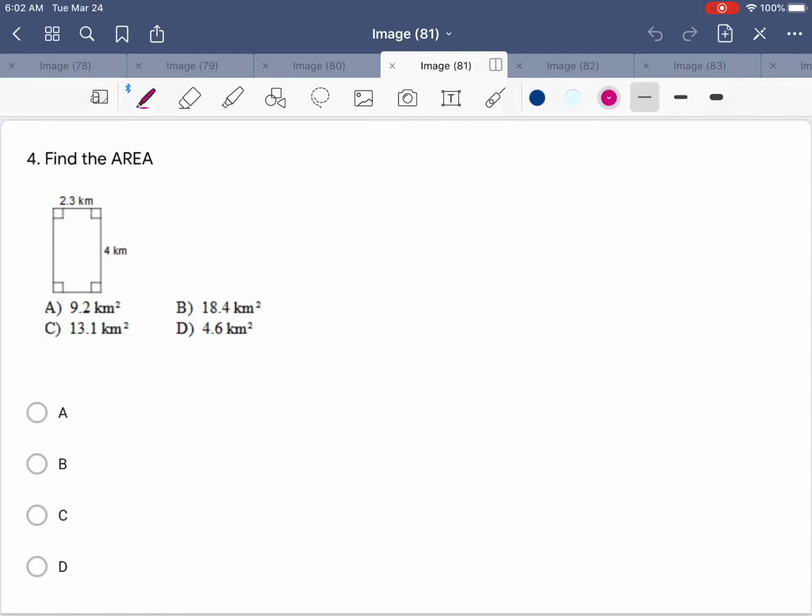Number 4, again, back to a square. So remember the formula for this is area equals length times width. So we could say my length is here, and this one right here is my width. And remember, whatever the answer is, units squared.